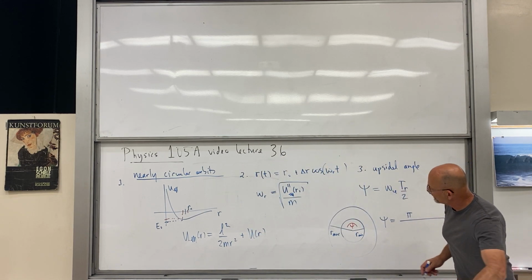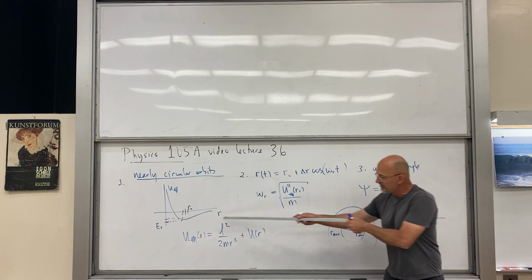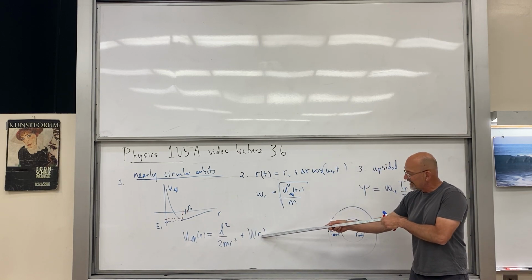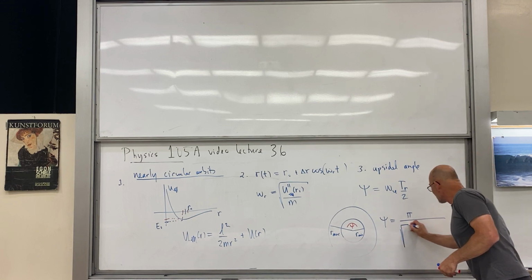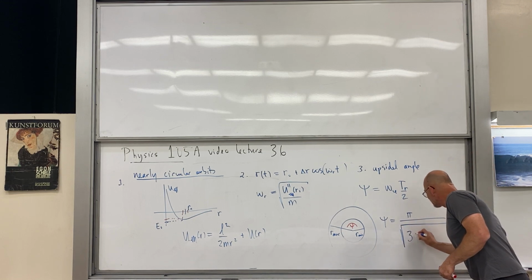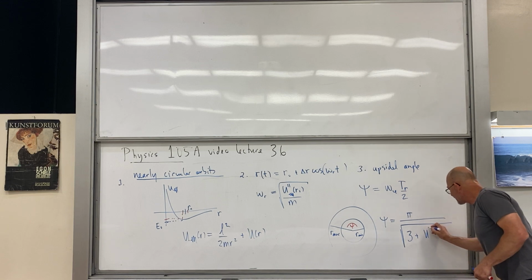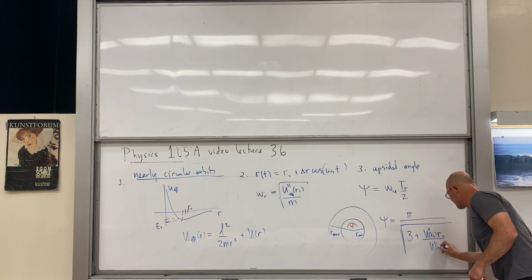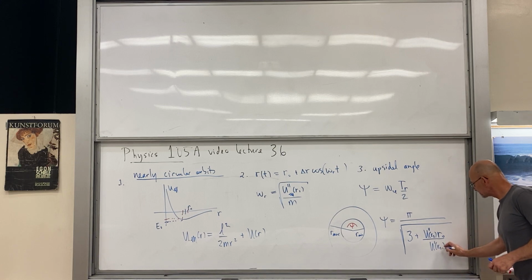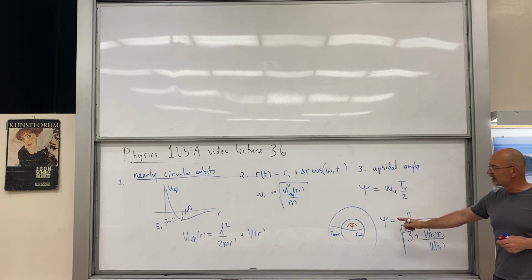And it is this potential, not the effective potential, that ends up in our final expression, 3 plus second derivative at the circular orbit times the radius of the circular orbit divided by U prime of R0. And we calculated a couple of examples.